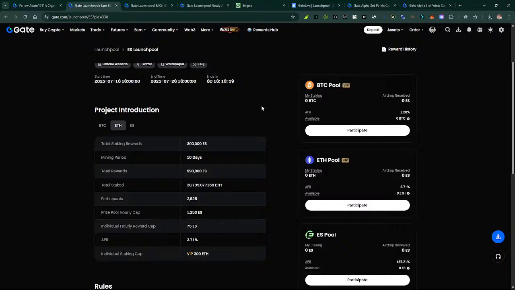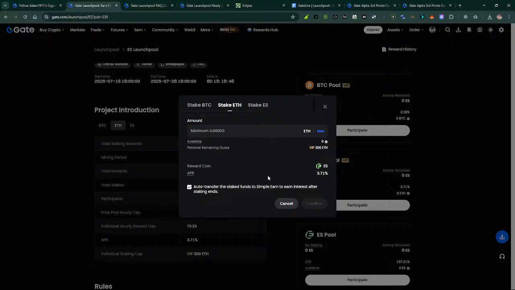Okay, in other sense, both are the same, by the way, but there are VIP perks available here as well. Now we are going to talk about VIP perks and take a good look at the full details. The minimum amount of Ethereum you can stake here is 0.00003.